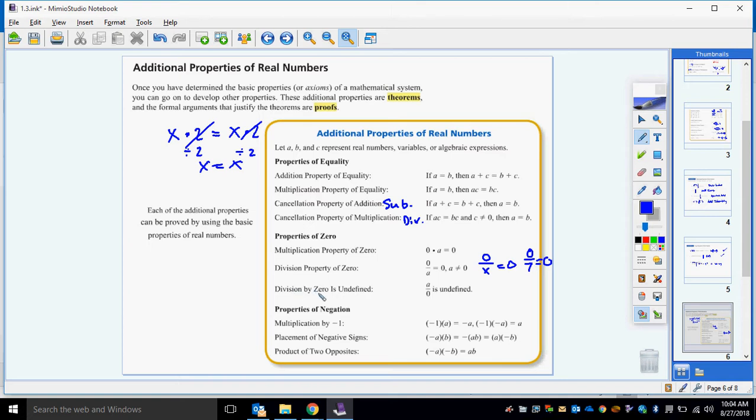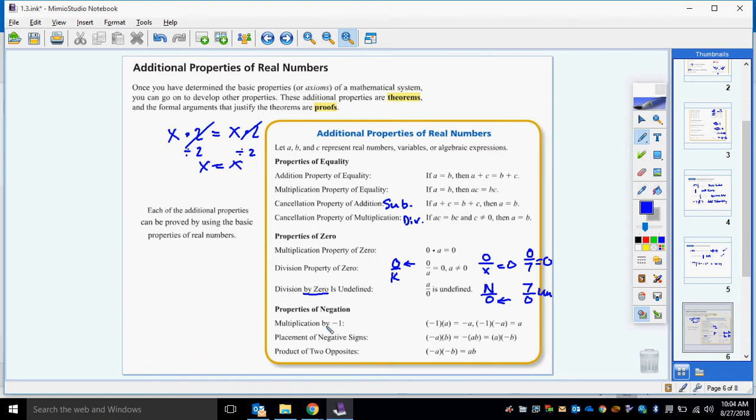And then division by 0 is undefined. So this is the division property of 0, and this is division by 0. In the top one, it's okay to have 0 in the top. Down here, it is no good to have 0 in the bottom. If you type in 7 divided by 0, it's going to be undefined in your calculator.